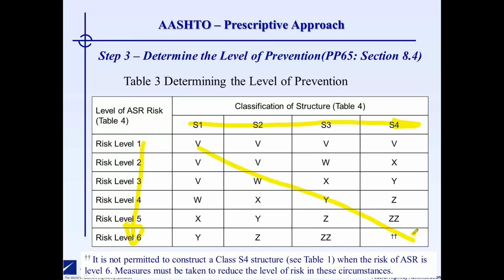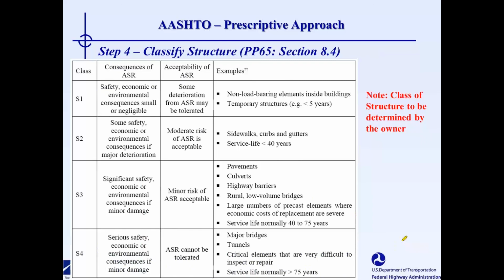You might notice the double dagger here, and this is a case where, if you have a really, really high level of risk of ASR, an extreme risk, and you're building a structure in which you can't tolerate any ASR at all, then maybe there isn't a level of prevention that's enough. Maybe you have to go back to the drawing board, select another aggregate, or something. So sometimes we can be in a position where there just isn't enough prevention available to sensibly build that structure.